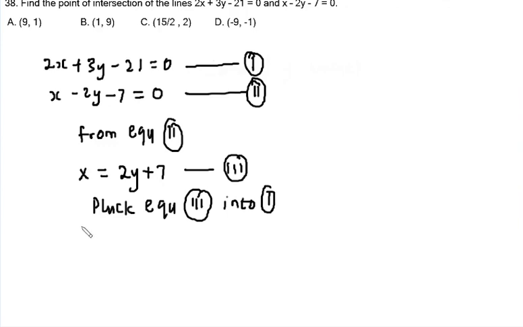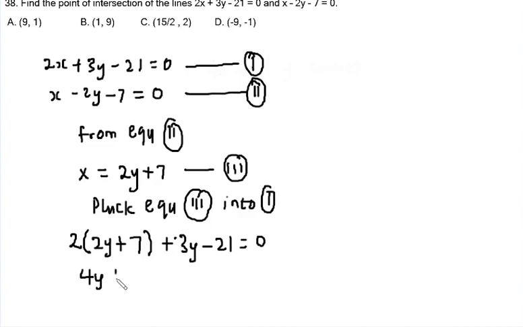So there you have 2 open bracket 2y plus 7 close bracket, plus 3y minus 21 is equal to 0. So from there, 2 times 2y is 4y, plus 2 times 7 is 14, plus 3y, then you have minus 21 here, equals 0.